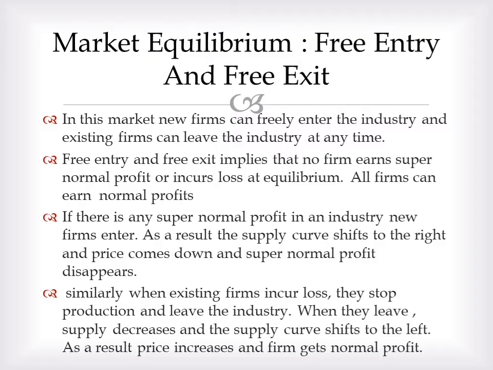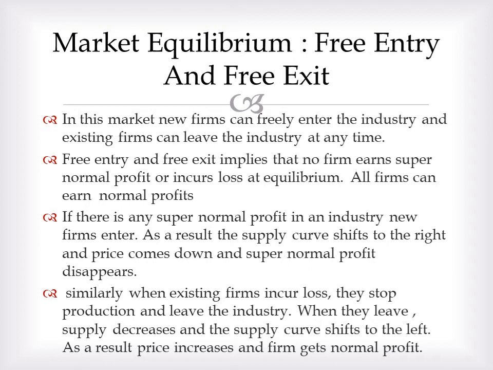If supernormal profit is there, it will attract new firms, and as a result the supply increases in the market, the supply curve shifts to the right and price falls. As a result, supernormal profit disappears. Similarly, when existing firms incur loss, they will stop production and leave the industry.